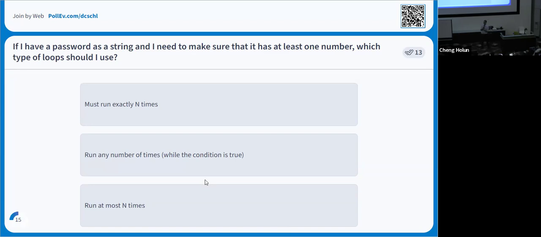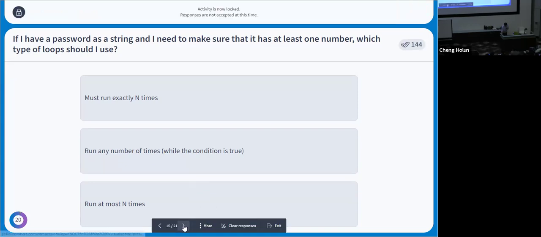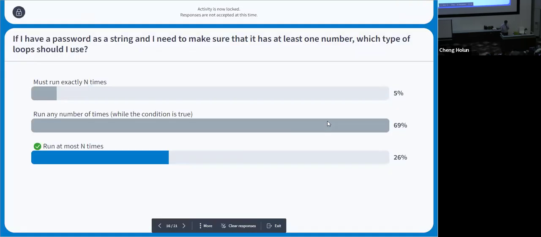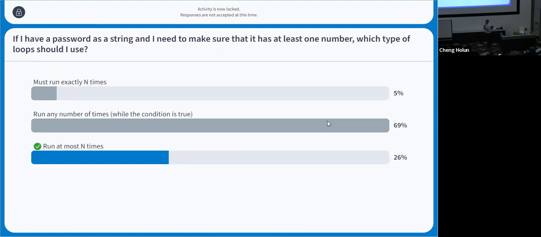Of course, you can do all of them, but which one is the best, I would say? Theoretically, you can do anything. Then why is it not number two? You say any time, because my password is any length. But when I talk about that, it means when you enter the loop, you already know how many times.